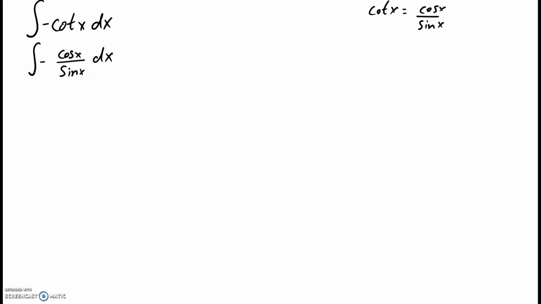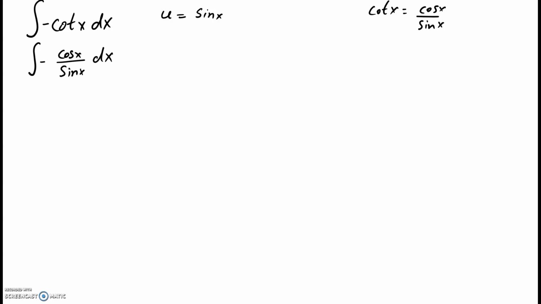So again, the U-substitution is going to be that part of your question whose derivative is available. I'm going to substitute u equals sin x, and I will also explain why not u equals cos x here.